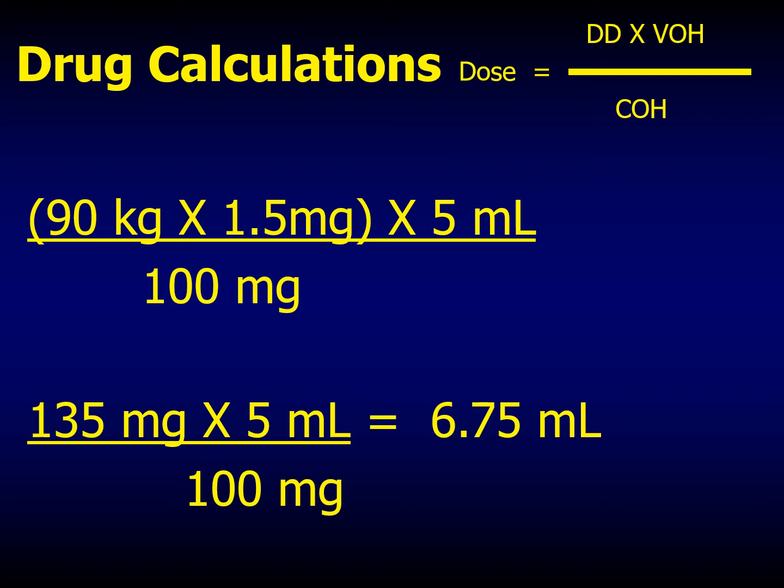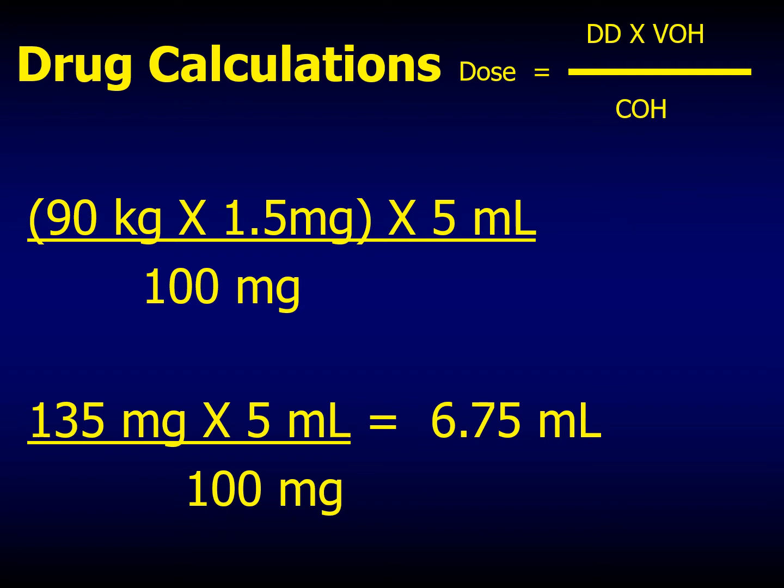So we do our multiplication here. Our desired dose is 1.5 milligrams for every single kilogram he weighs, and our volume on hand is 5 mils. Again, we could do that division and get it down to 1 mil. I just wanted to present a variety of things and show you it works out the same way either way. In 5 mils we have 100 milligrams.